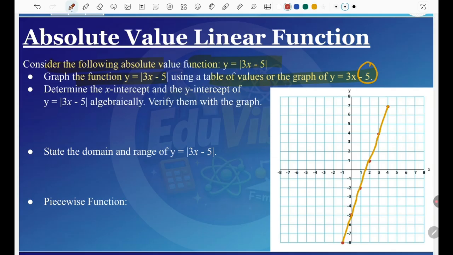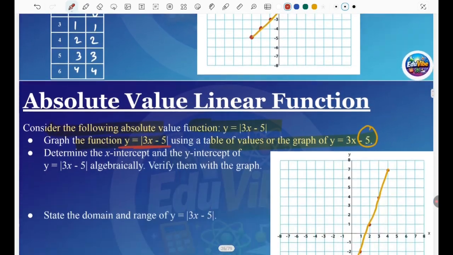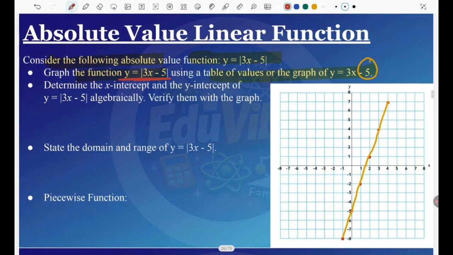Another graph we have to plot is this one, but all values should now be positive. Once you make your fx values, your gx values are all the positive values of the fx values. You can make the same thing, and at some point your graphs are attached to each other like this. You can join this, and after this point my graph goes on a line to that graph like this.